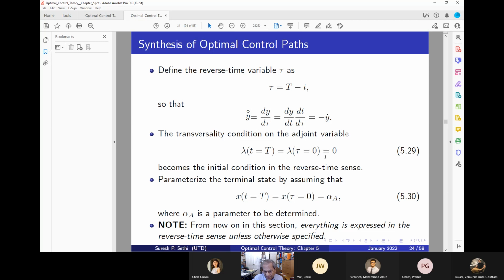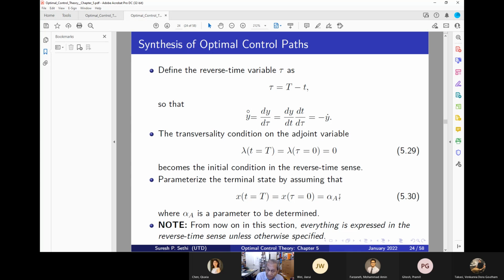So now you see what happens. The two-point boundary value problem is now in reverse. We now have the lambda value given to be 0, and we instead guess the value of x at reverse time 0. So it's like an Excel problem, but in reverse time.